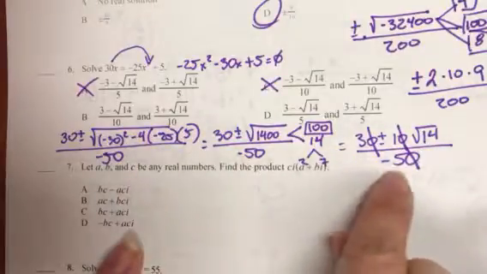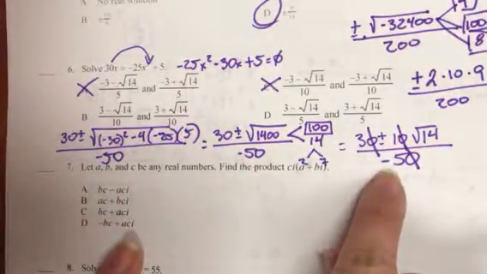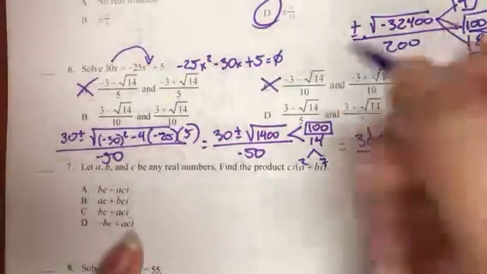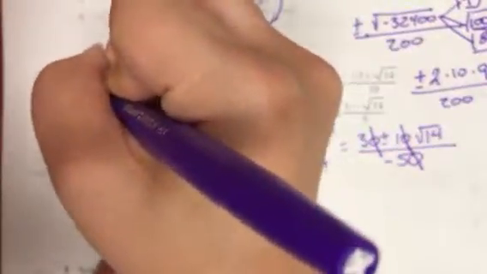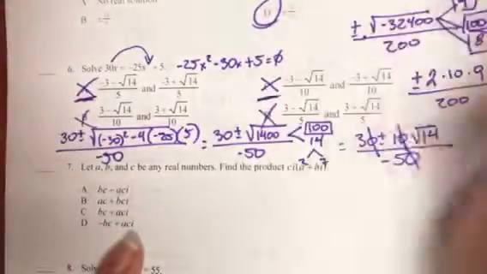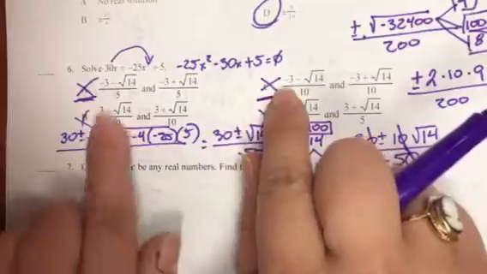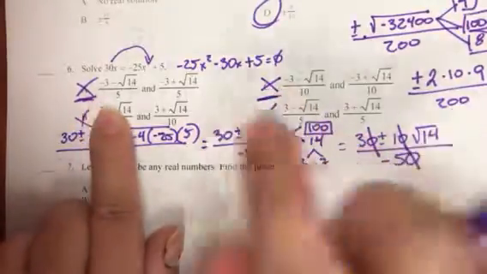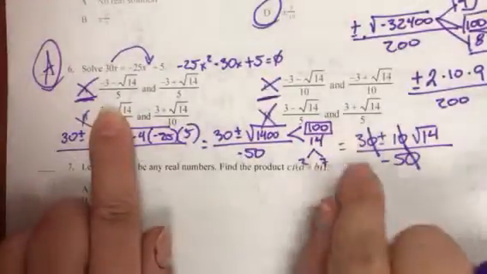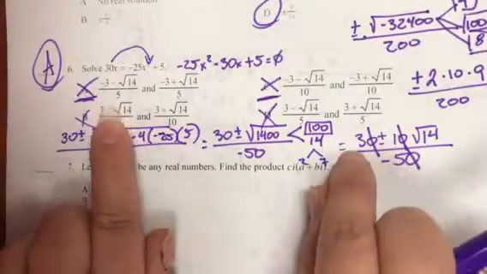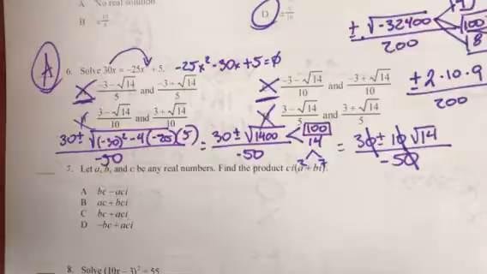We divided by 10, so we should have a 5. Ooh, but it's a negative 5. Uh-oh. So in all actuality, it's either A or C, because the negative and the 5 moved up. So it should be a negative 3, and we should have a 5 on the bottom. The answer is actually A, because that negative 5 turns this into a negative 3.